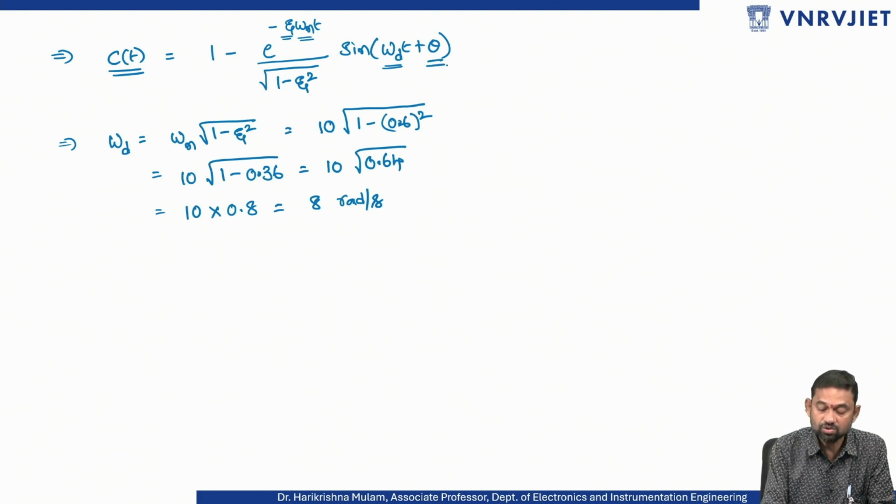Then let us also find the theta value. We know that theta is given by the expression tan inverse of square root of 1 minus zeta square by zeta.